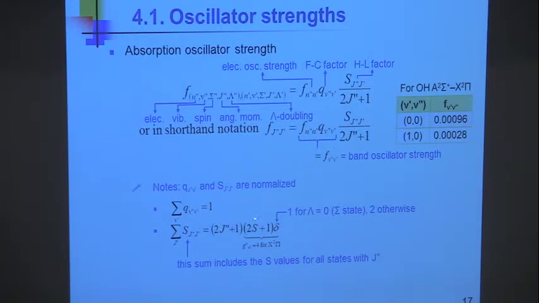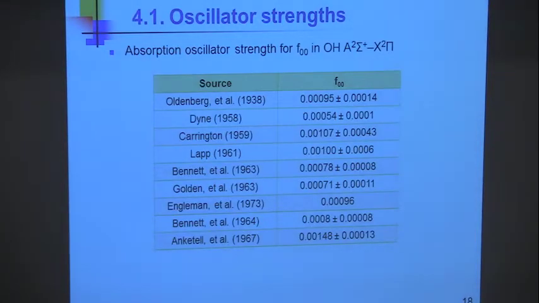So there's this factor 4 that's really just keeping track of the fact that there's 4 states for every specific J double prime. So when you sum these factors, you're going to get this 4. But you also get the 2J double prime plus 1, the degeneracy you can't remove. But if you remember, these Hönl-London factors are normalized by that number, and so they're going to come out to 1 also.